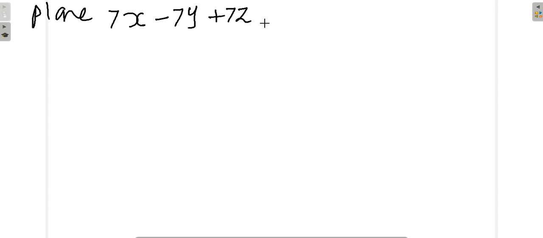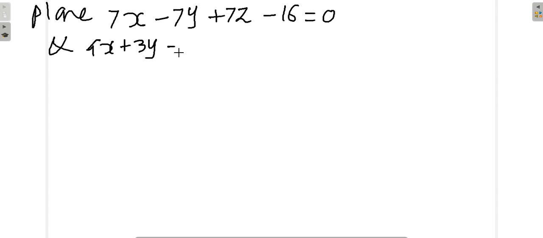Okay, similar sum we are doing. Find the equation of plane passing through the line of intersection of the two planes, and which is also perpendicular to the plane.